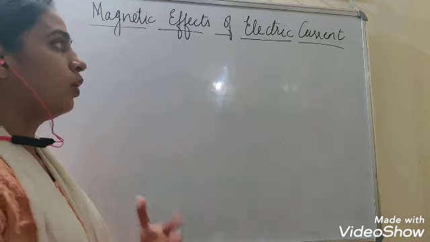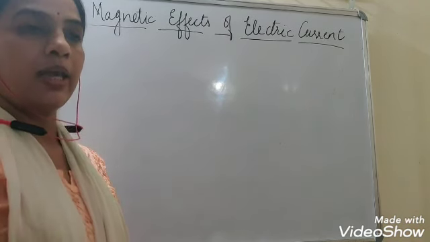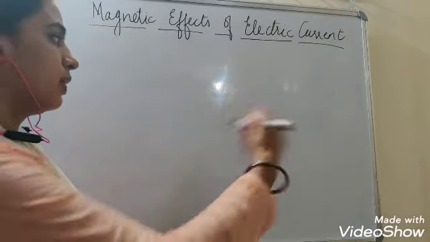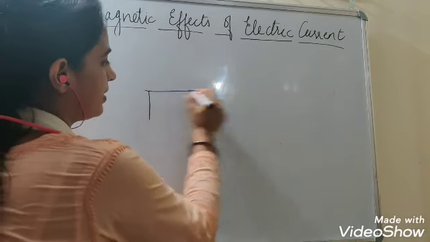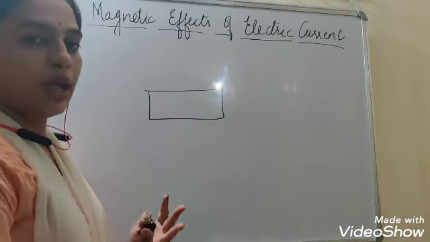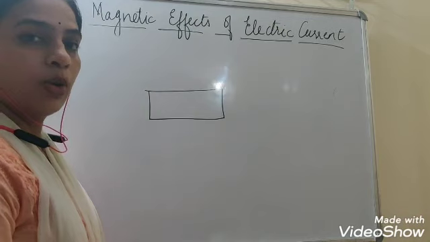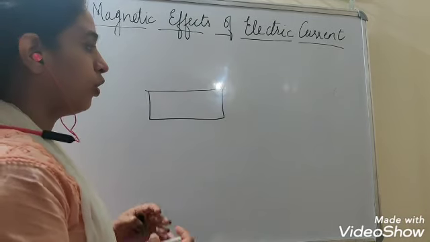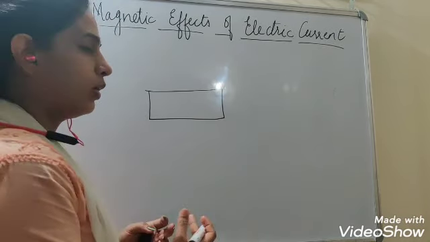So we'll study now about the magnetic field and the magnetic field lines of a magnet. The simplest magnet we can take is a bar magnet. If we take a bar magnet, let us do a small activity to find what is the magnetic field of a simple bar magnet. How does it look like?